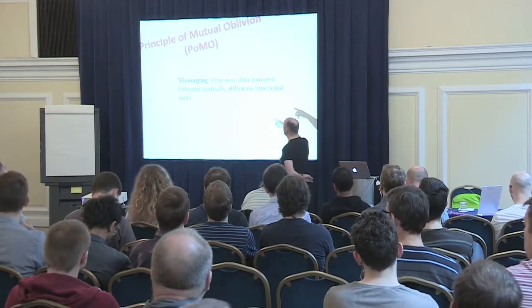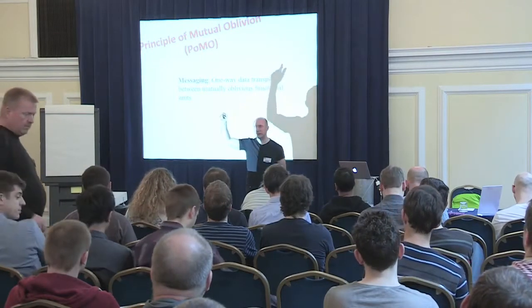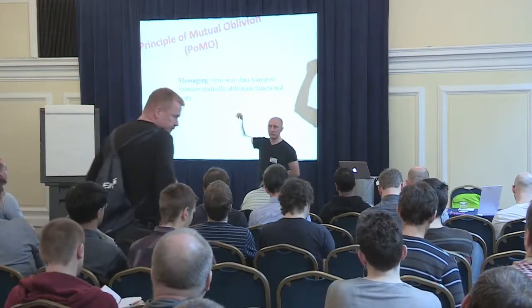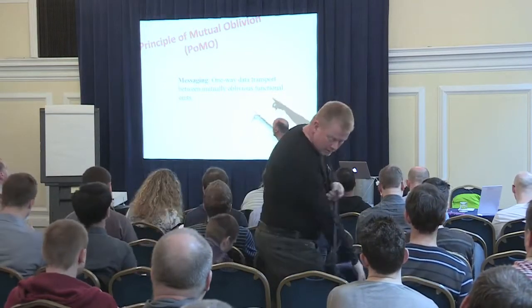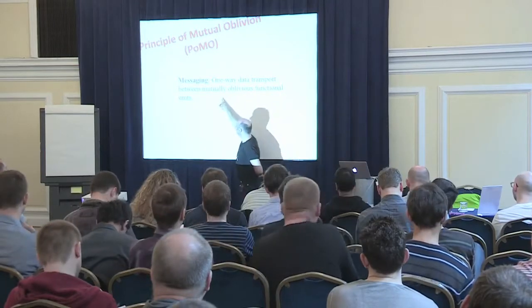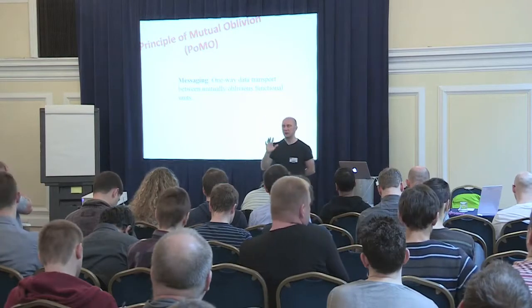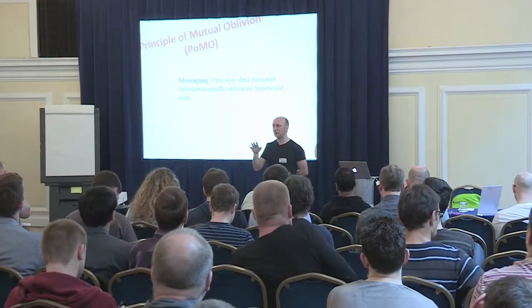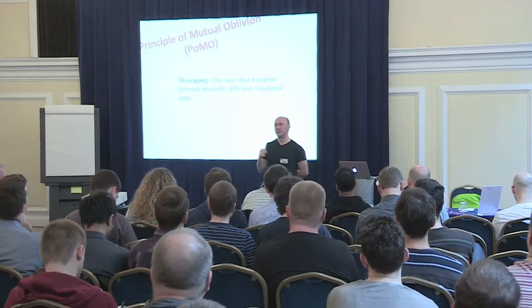Messaging is when there's a one-way data transport, like the acetylcholine moving from the nerve cell to the muscle cell, a one-way data transport between mutually oblivious functional units. I don't want to say function, class or object, so I'm using a more neutral term here.